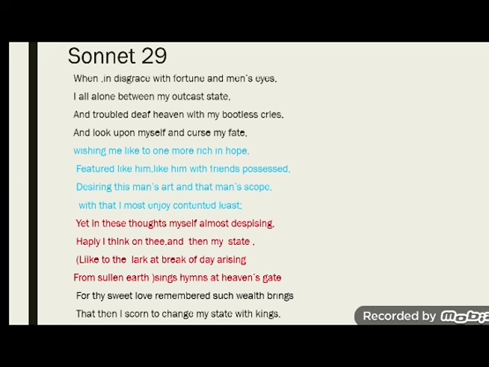Even if a kingship were offered to me, he says, I would say no. Look at the last sentence. I just condemn it. No, I don't want to exchange my state with the kings. I am not ready to exchange my position with the kings. In this situation, I am so blessed with the memory of my friends, so I am happy. I don't want to change my position even with a king.